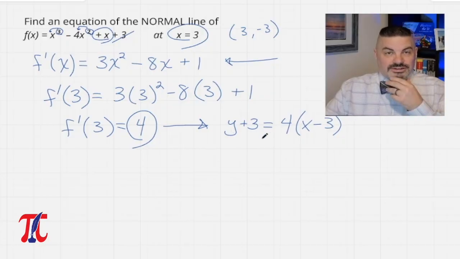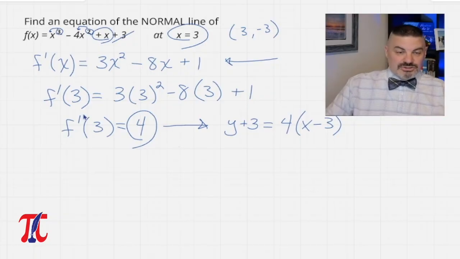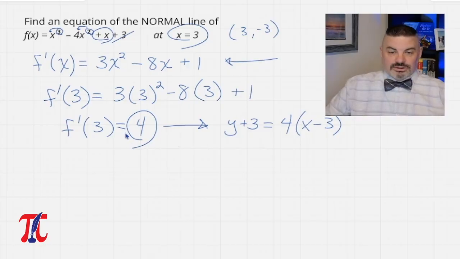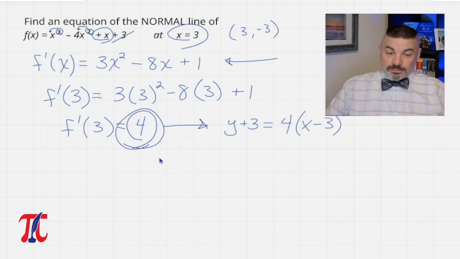But I want what? The normal line. I want the perpendicular line. So remember what we know about perpendicular lines: their slopes are opposite and reciprocal. The slope of this tangent line at this point is 4. So the slope of the normal line, I'll say m sub n for normal, is going to be negative because this slope is positive.